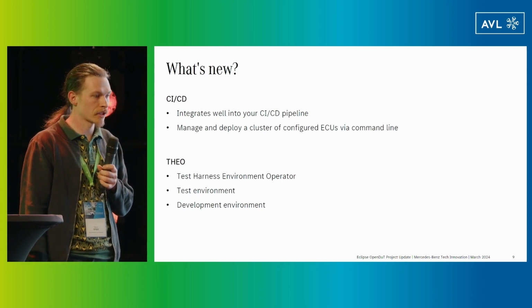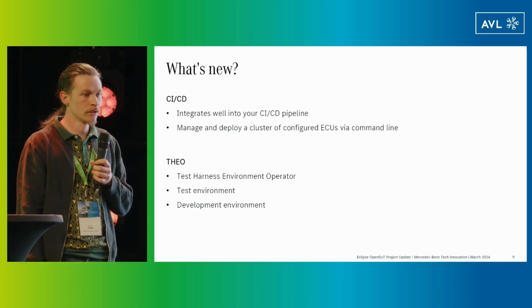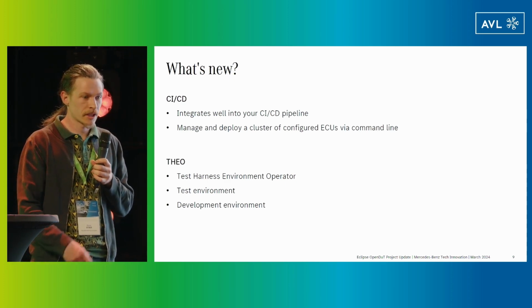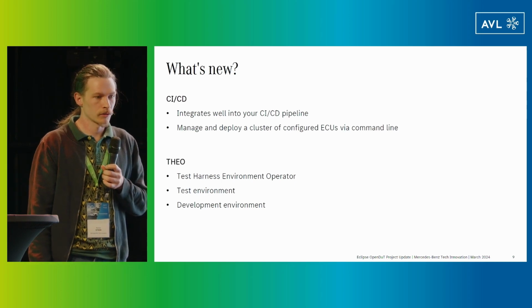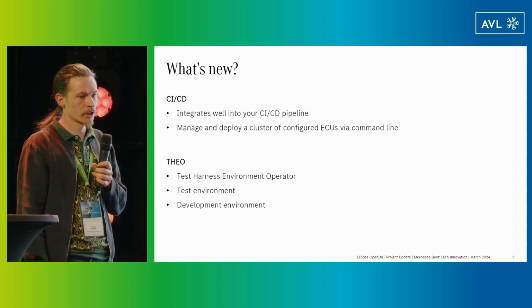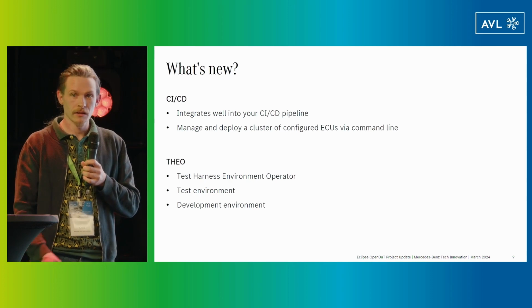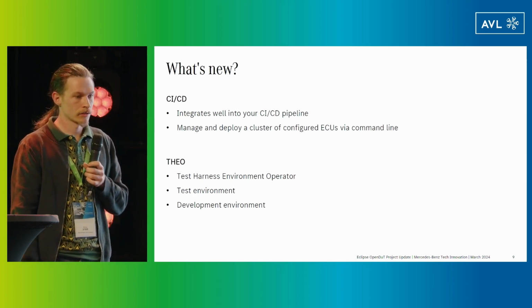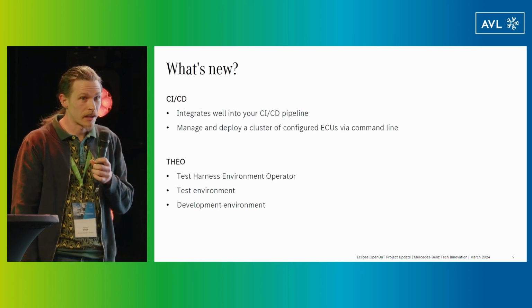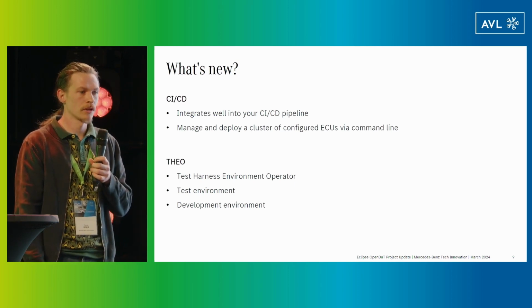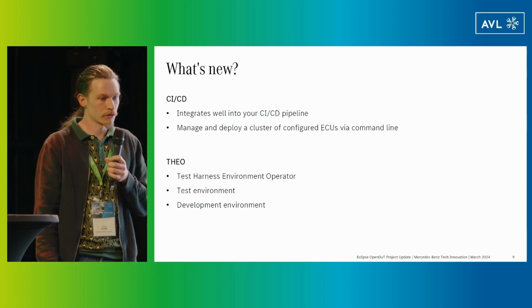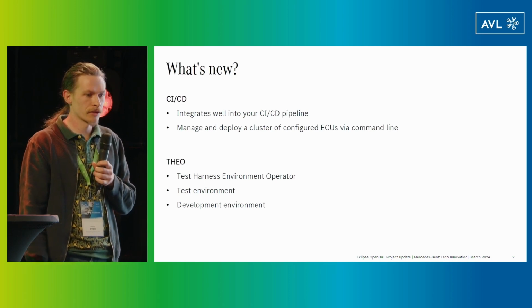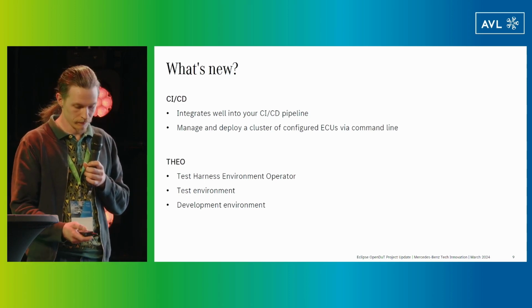So if you want to start up a new cluster with OpenDUT, add virtual ECUs or hardware ECUs that have EDGAR running next to them, so that the communication can be established, you can configure it to automatically configure all the peers that are required to connect to each other, set up a cluster of ECUs ad hoc, then run your tests on them, and then send the test results to some backend or whatever.